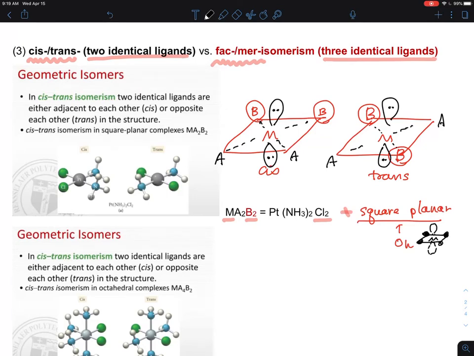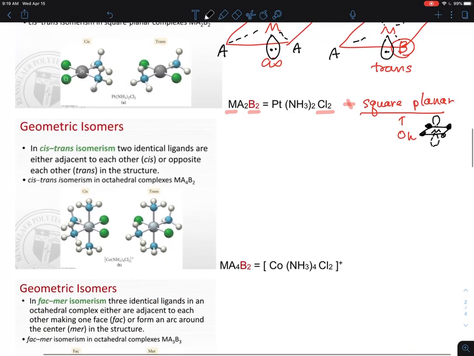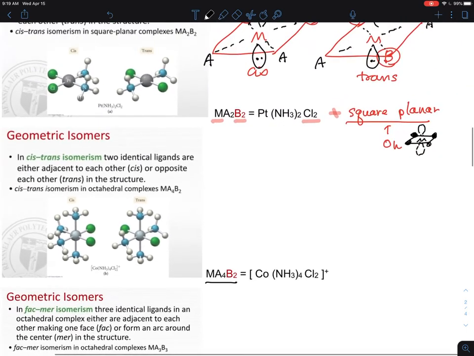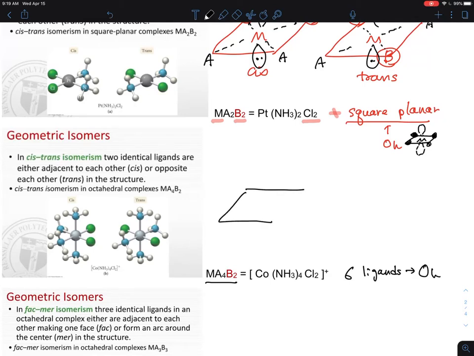And there is another type of geometric isomer. This case is pretty obvious that you have 6 ligands, and in the 6 ligand case it is octahedral. Octahedral is almost like a habit, right? This is an octahedral, and then you can put something at the axial position. Okay?